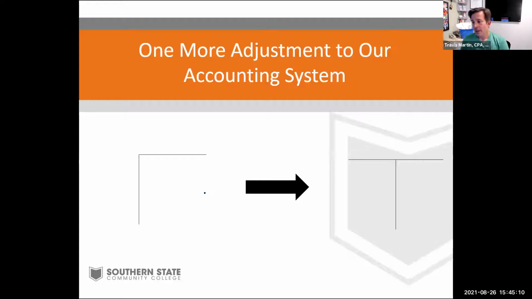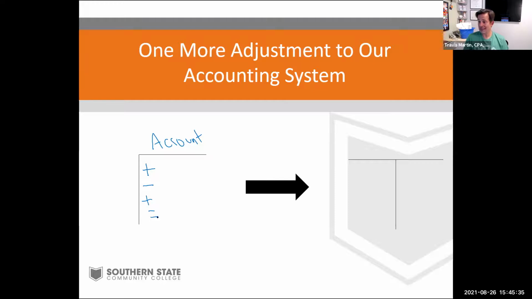Anyway, I got to make one more adjustment to our accounting system. We're kind of adding things to it a little bit to make it the way it is in the real world. Before, we had these little upside down L's. Every account, we kind of gave an upside down L to, and then we'd put stuff in or we'd take stuff out as we went along.